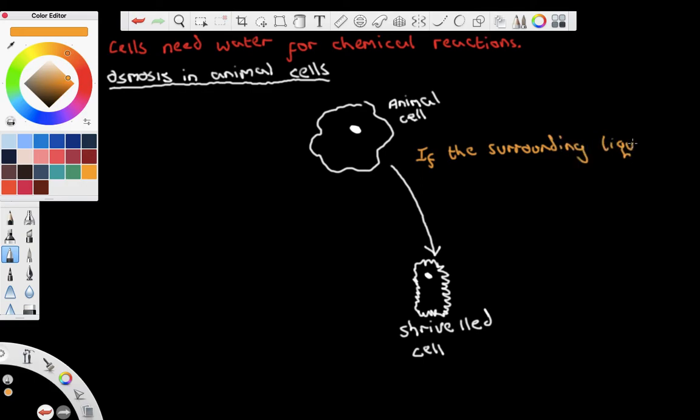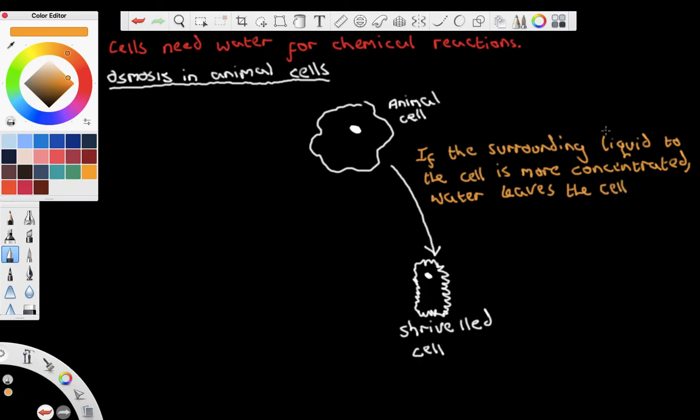liquid to the cell is more concentrated, water leaves the cell, making it shrivel and die.